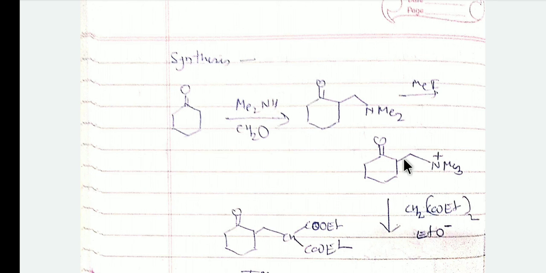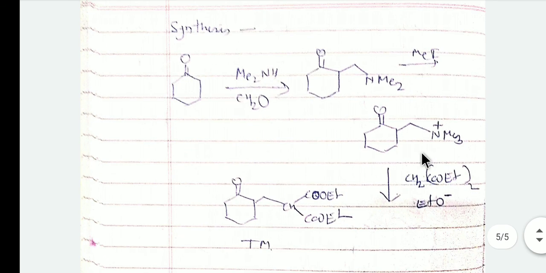This reacts with the other molecule obtained by the disconnection of the target molecule, diethyl malonate. On reaction of this moiety with diethyl malonate in the presence of ethoxide, we get our target molecule here. So we can easily synthesize the target molecule by the use of Mannich base in place of vinyl ketone used directly.